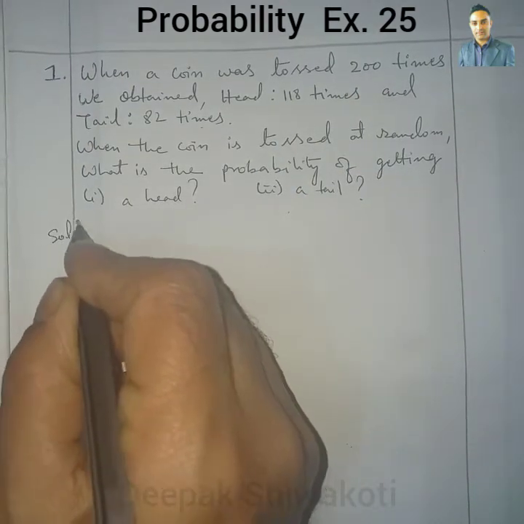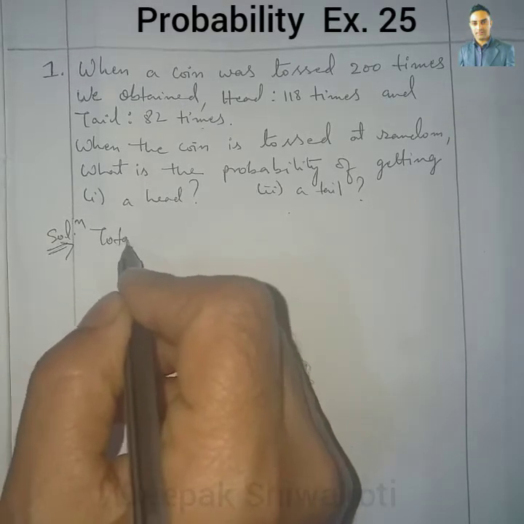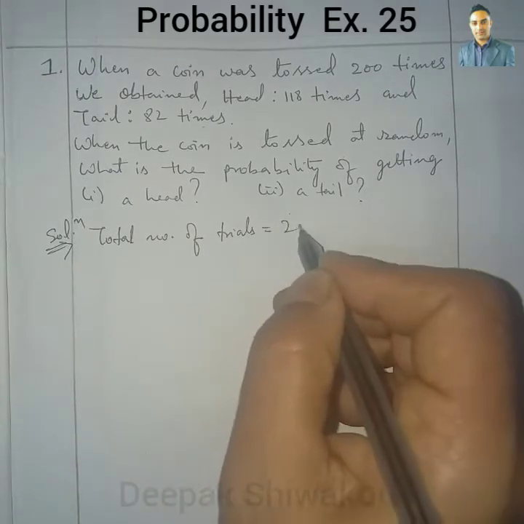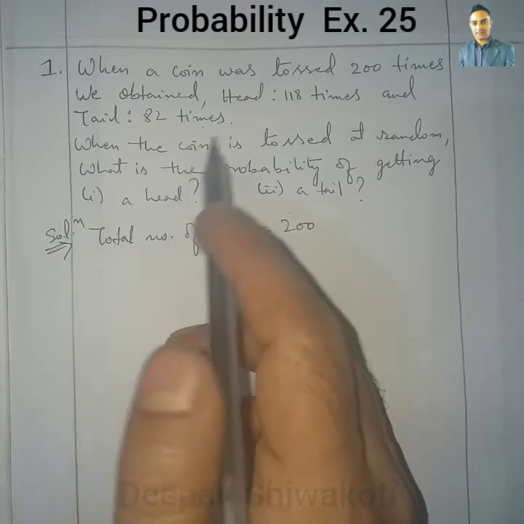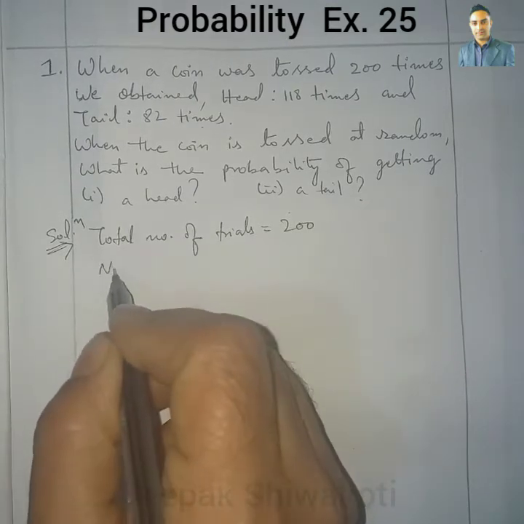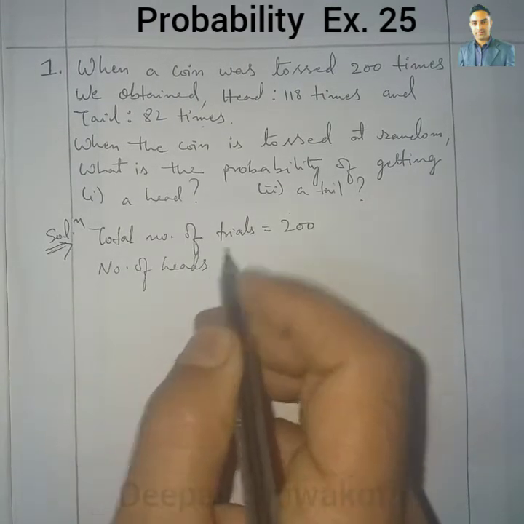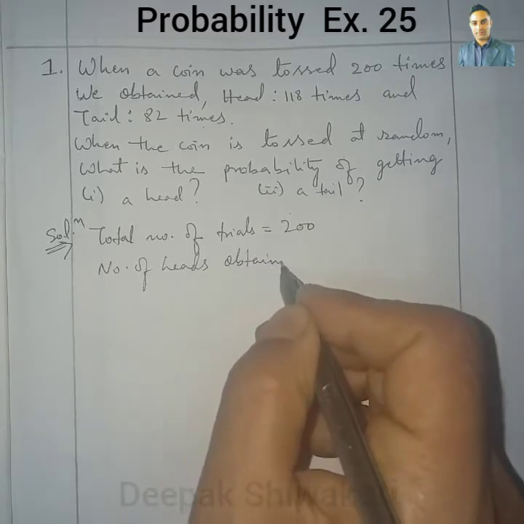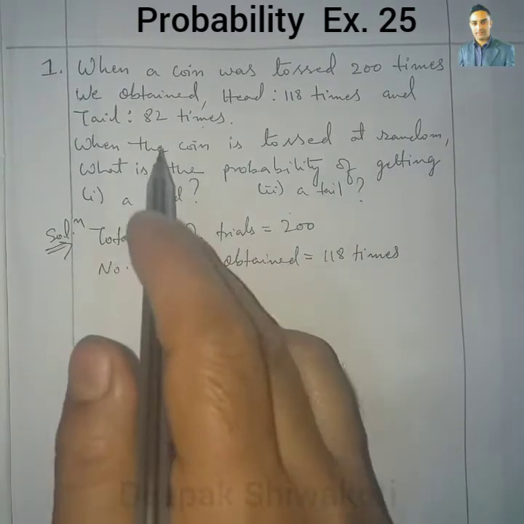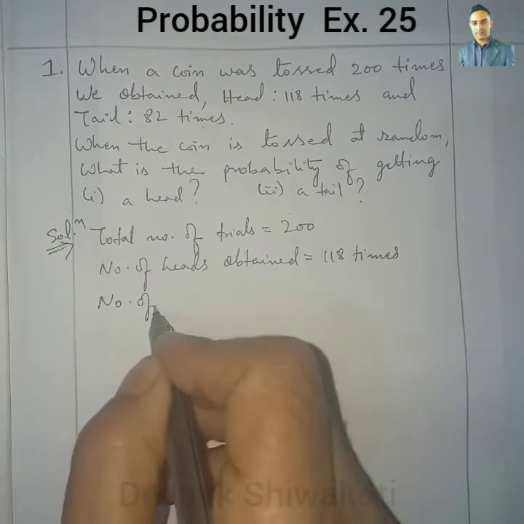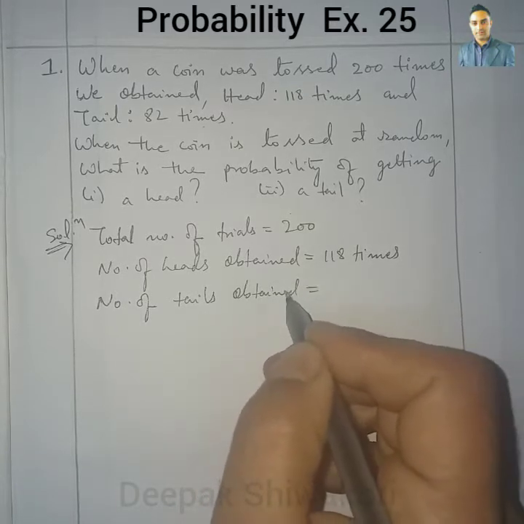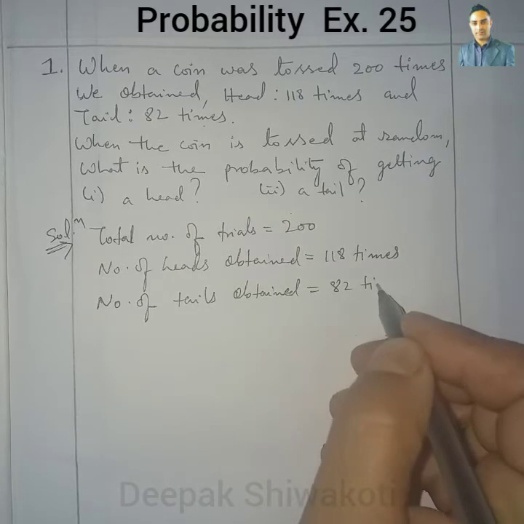Solution, total number of trials is equal to 200, number of heads obtained is equal to 118 times, and number of tails obtained is 82 times.